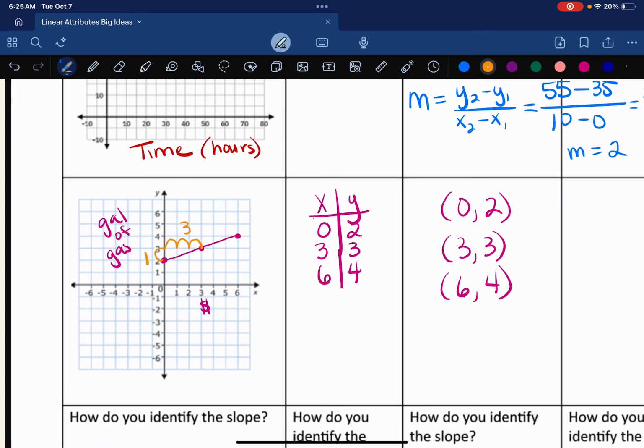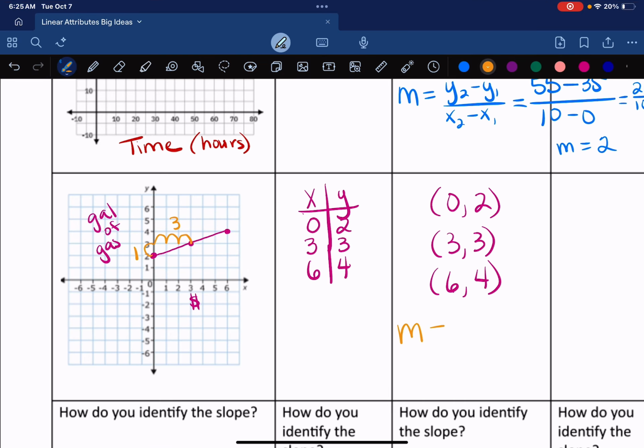So in this problem, our slope is rise over run, 1 over 3. Now again, what does 1 represent? 1 gallon of gas. And what does our 3 represent? $3. Let me go ahead and scoot this over a little bit and put a dollar sign here. So that's our slope. For every 1 gallon of gas, he pays an extra $3, right?